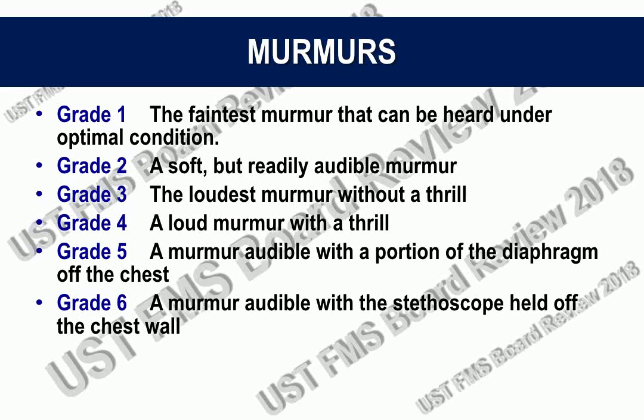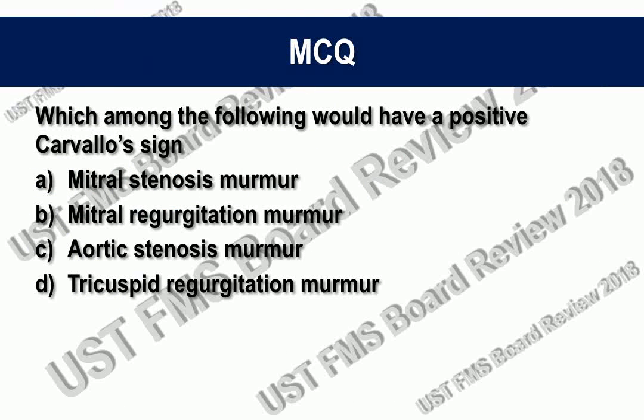Remember your grade 1, 2, and 3 are classified based on the loudness of the murmur, but grades 1, 2, and 3 do not have a thrill. Okay? So any murmur grade 4 and above is always associated with a thrill. So be familiar with the grading of your murmurs.